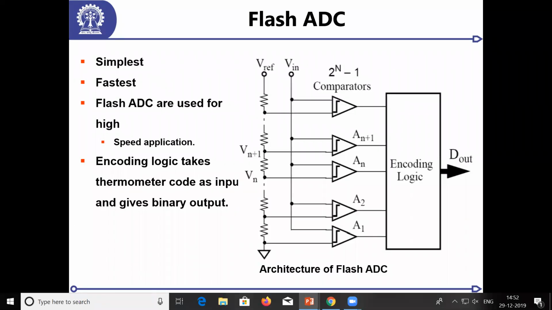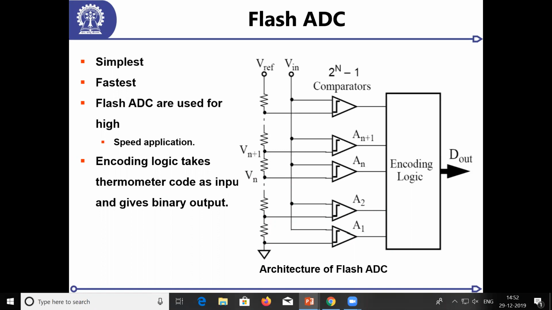Now, the problem of the flash ADC is that the number of comparators grows exponentially as the resolution keeps on increasing. The input is connected to all the comparators. Any wire in the world has some capacitance. So the input now sees more and more capacitance in the system.